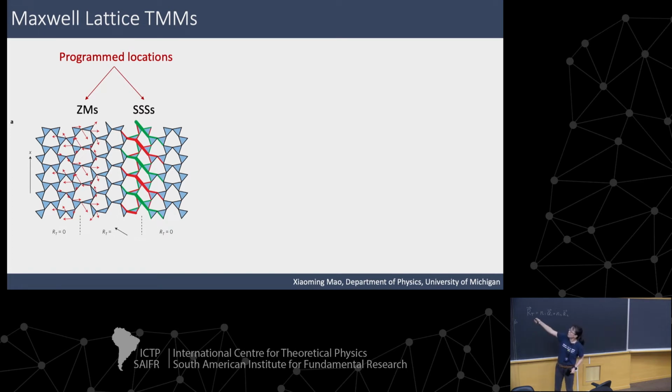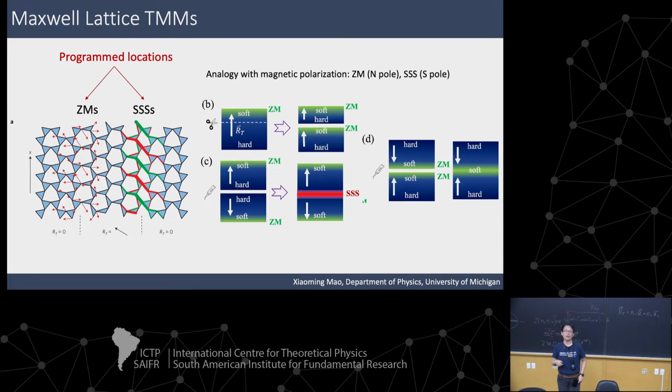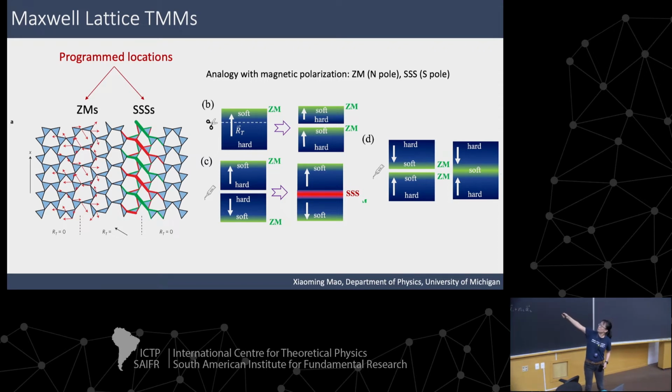Okay? So if you have an infinitely large lattice like this, everything should be perfectly constrained, right? So the number of zero modes and the number of states of self-stress should add up to 0 in the bulk. But the effect of the polarization is that it places zero modes here and the states of self-stress here. Okay? And sometimes we would like to use this analogy with magnetic polarization. You can think of a Maxwell lattice being topologically polarized like a magnet, right? So you can think of the north pole as the edge with zero modes and the south pole as the edge without zero modes.